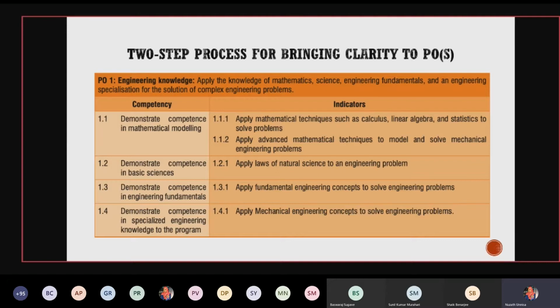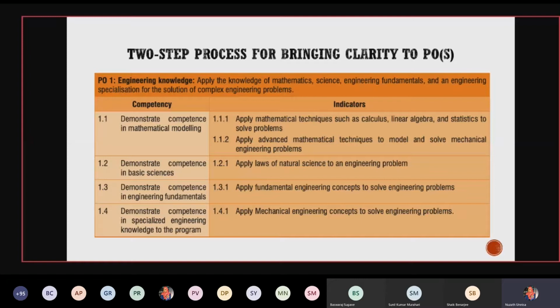For the competency of basic sciences, the indicator listed is that the student should be able to apply the laws of natural science to engineering problems. So these are the indicators under each of the competencies.